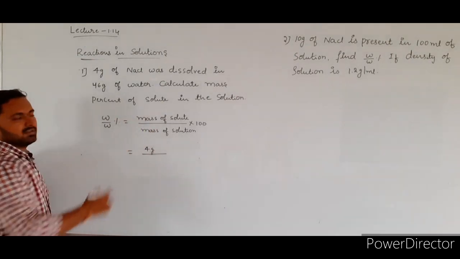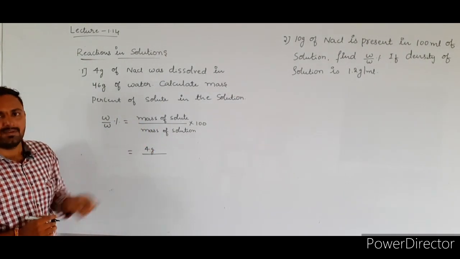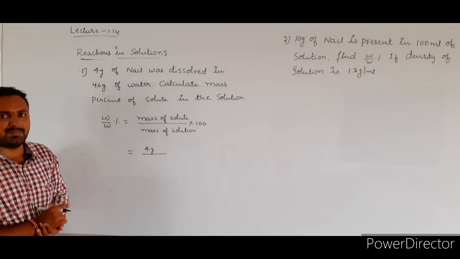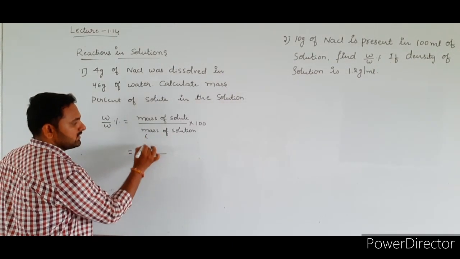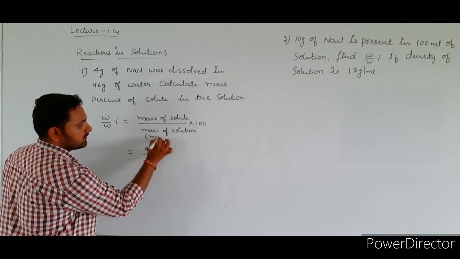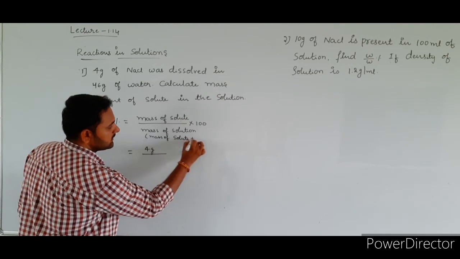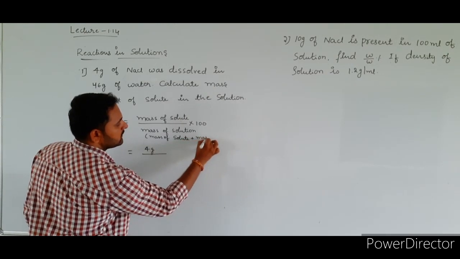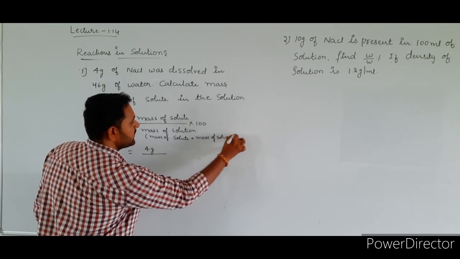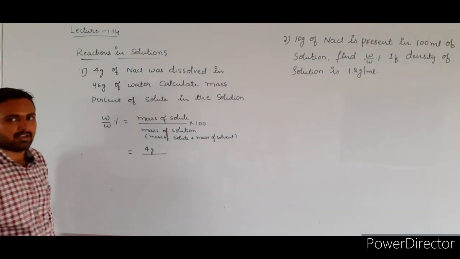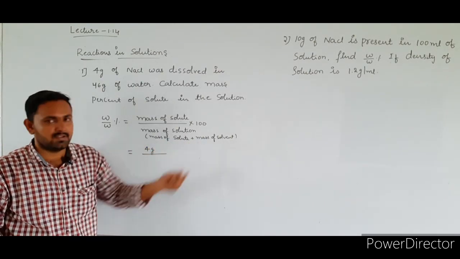Mass of solution, what is the meaning of mass of solution? That is mass of solute plus mass of solvent. Why? Because in the solution there are two components, one is solute and the other is solvent. Mass of solution is equal to mass of solute plus mass of solvent.